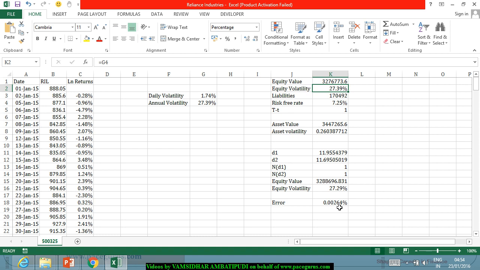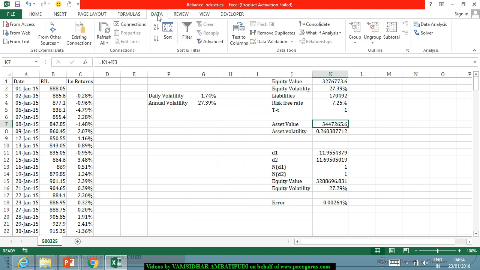So now I can go ahead and execute the solver, right? We want to minimize the error. So the asset value I want to be reworked. Initially we started off with this assumption, but this needs to be reworked.